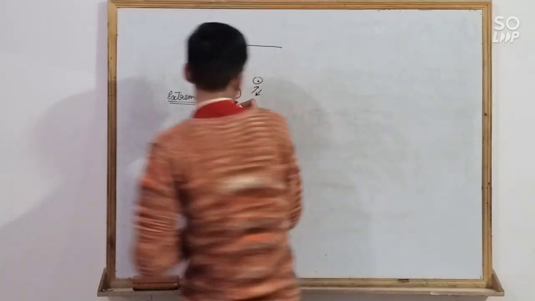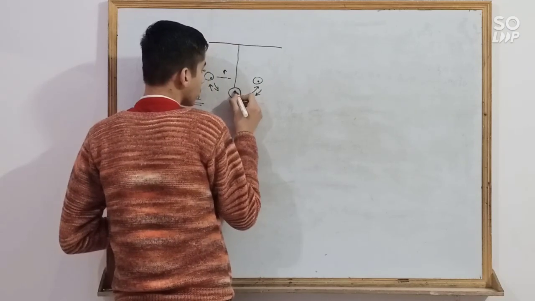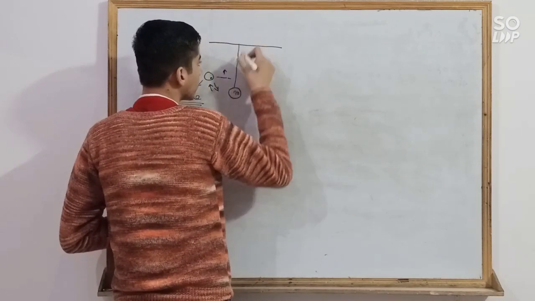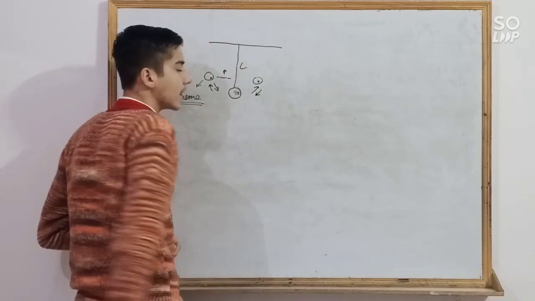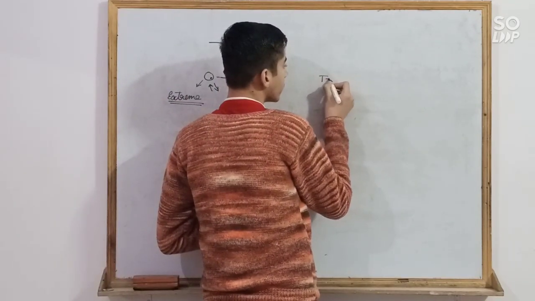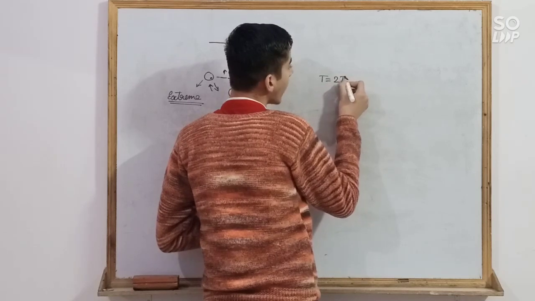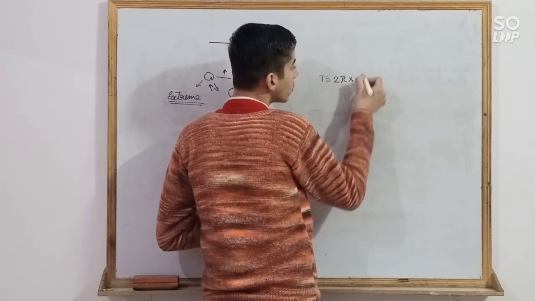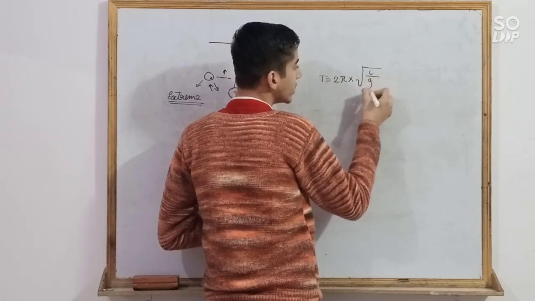Suppose we have a pendulum in which the mass of the bob is m and the length of the string is L. Then the time period of this pendulum will be 2 pi times root L by g.